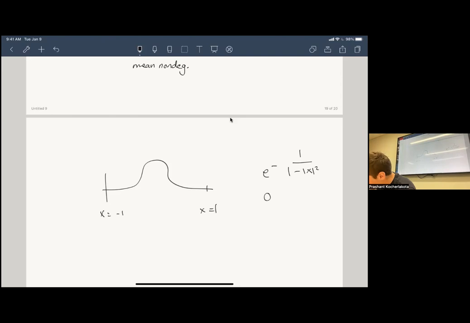If I define the function to be 0 outside, then this thing is infinitely differentiable. I can differentiate as many times as I want, but it's not analytic at these 2 points, because there the Taylor series is 0, since the function is 0.